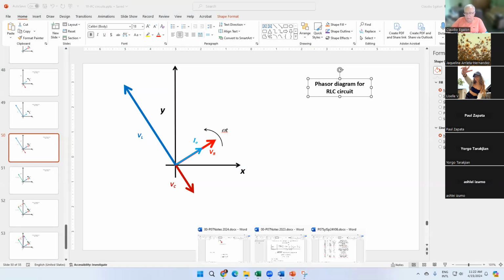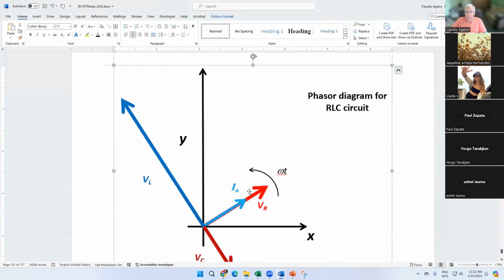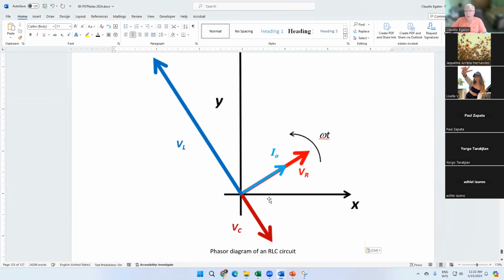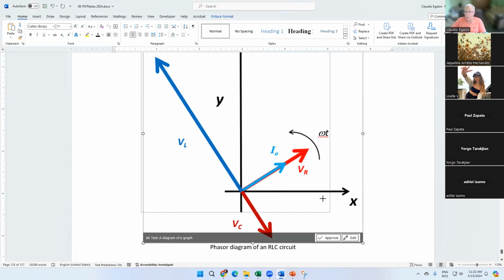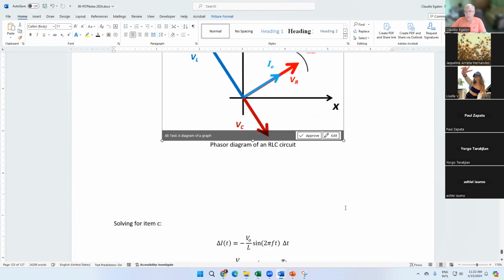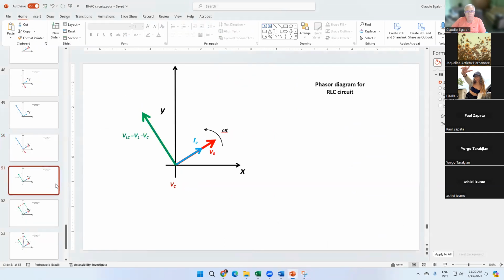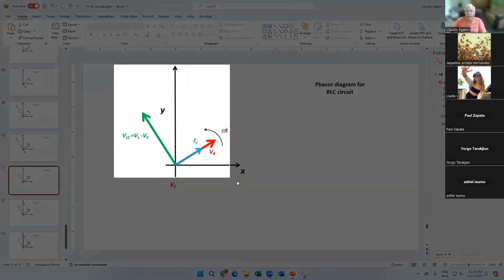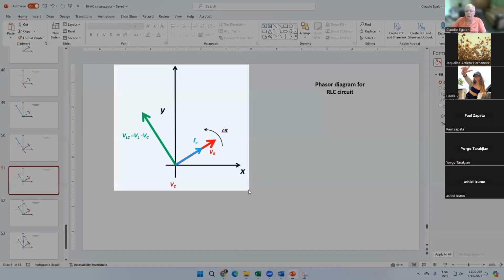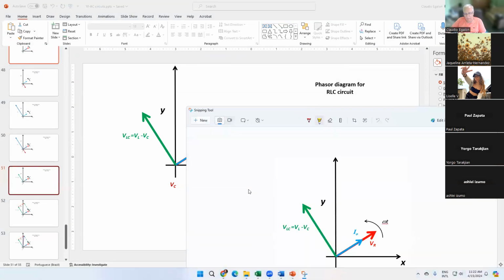Copy and paste, right? Okay. Next, we are going to sum vectorially the voltage phasors of the inductor and the capacitor. Okay.